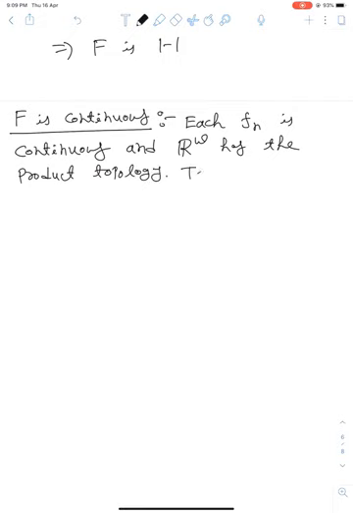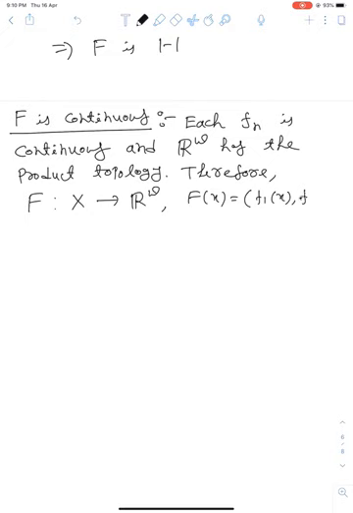Therefore the function f: X to R^omega, defined by f(x) equal to f_1(x), f_2(x) in this way, is continuous. Since each component of the function is continuous, f is continuous. So we proved that f is continuous and it is 1-1.